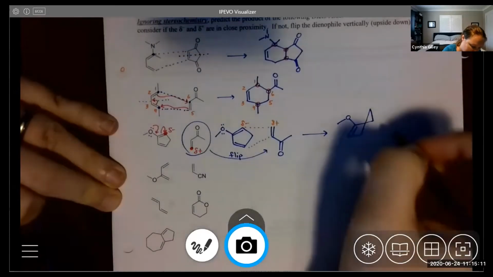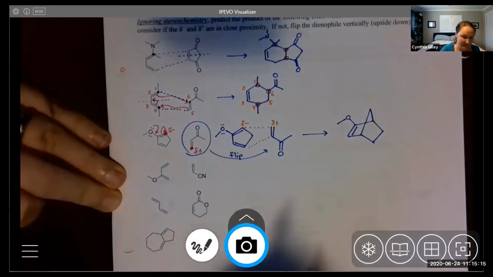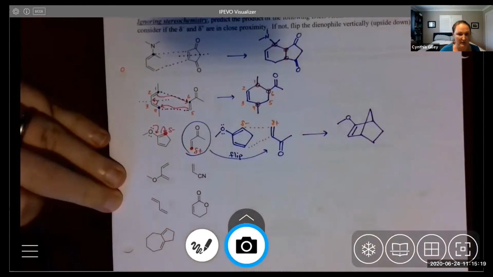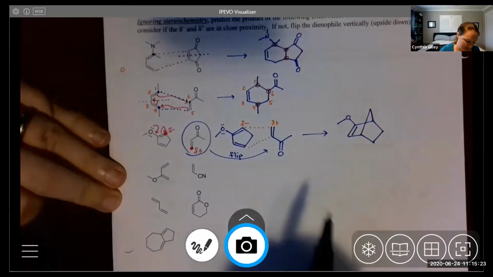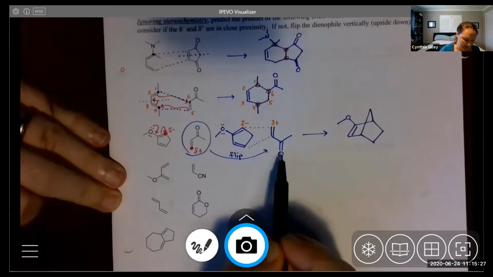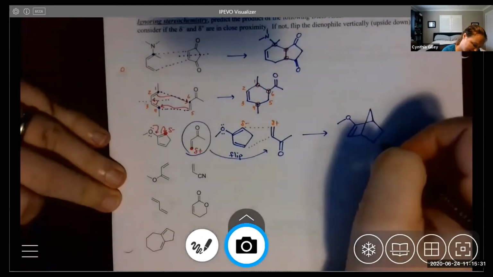And then I can just draw the rest of the 6-member ring. So if you can't see that, we could do some numbering. And then there's no other substituents on these except for the methoxy group and then this methyl.